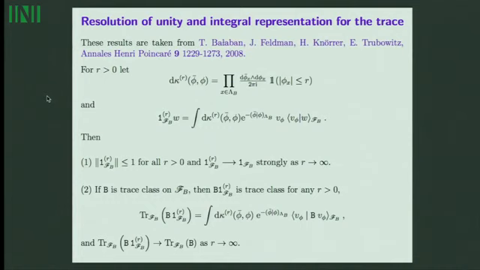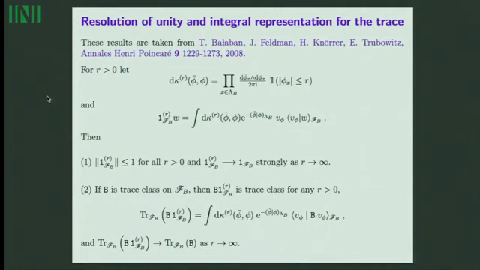And so what one does here in this integral is one restricts the integration to a disk with a two-dimensional measure, and then one can show that this converges to the unit operator strongly, when it's applied to any vector.